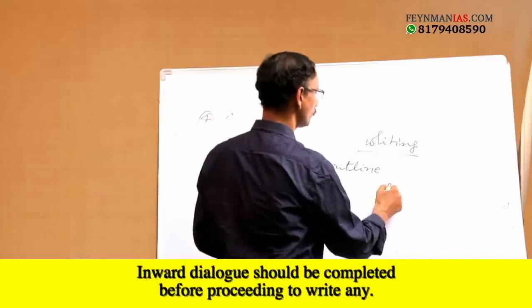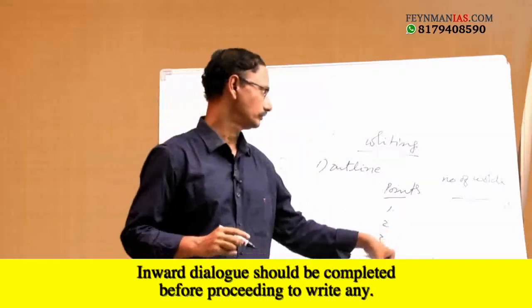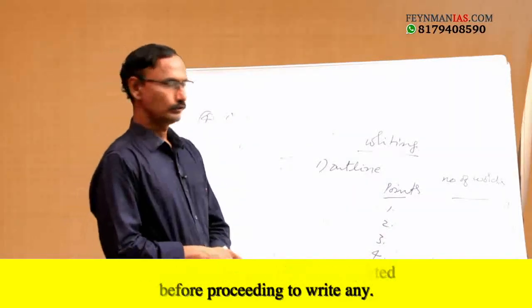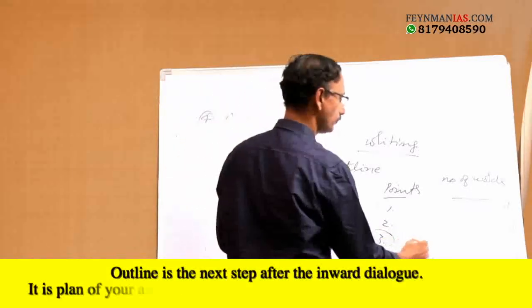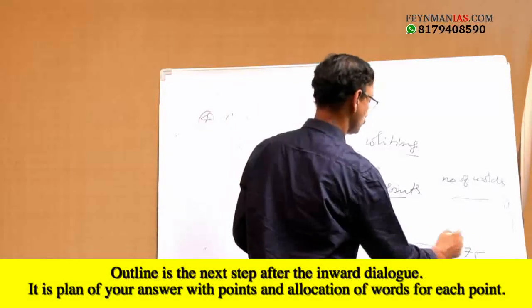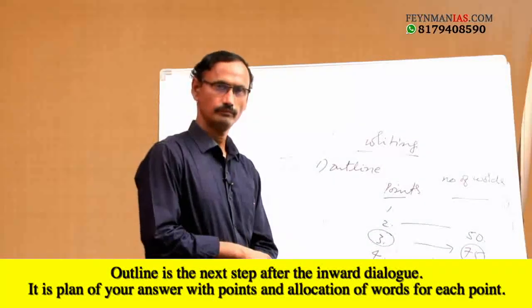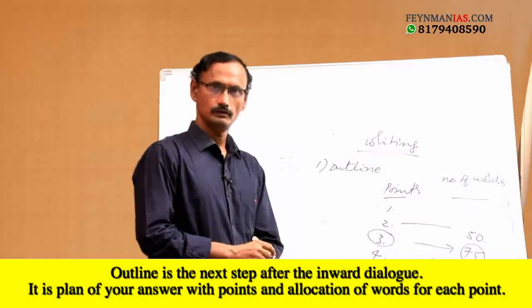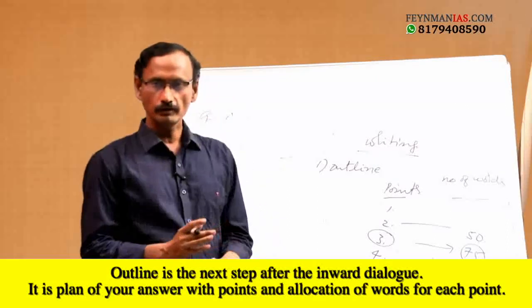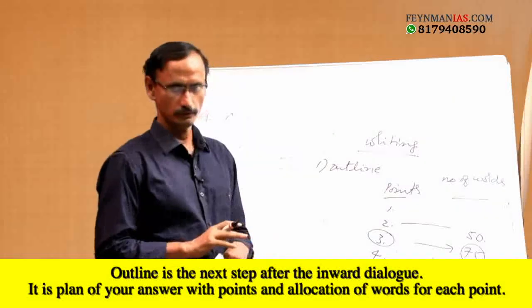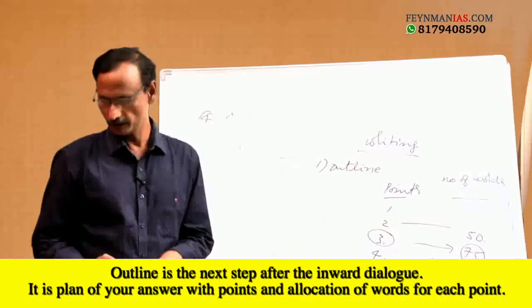It consists of points and number of words. To a more important point, you give more number of words. This, I would say, is an outline. Okay. So after working out the outline, then you start writing the answer.